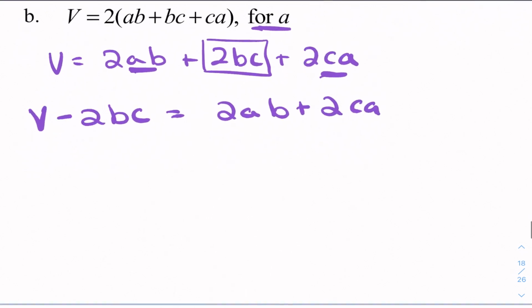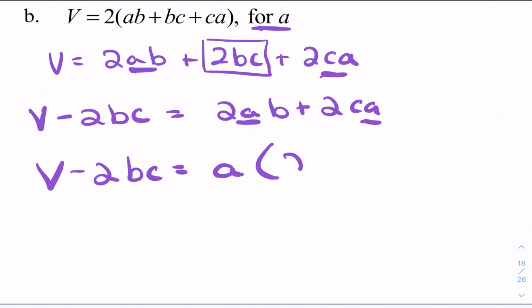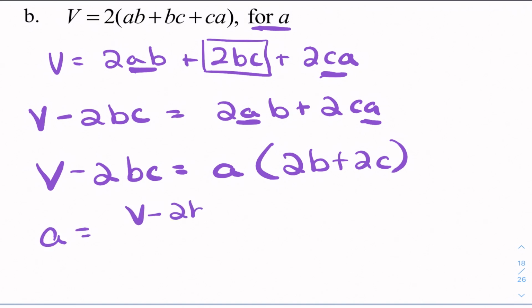The next thing we're going to do is factor out the A because that's what we're solving for. We could factor out the 2, but it's not really going to get us where we want to be. So if I bring out the A, I'm left with 2B plus 2C. And now I just divide by that term on the outside. So I'm left with A equals V minus 2BC in the numerator and 2B plus 2C in the denominator.